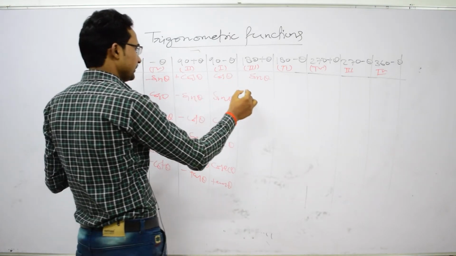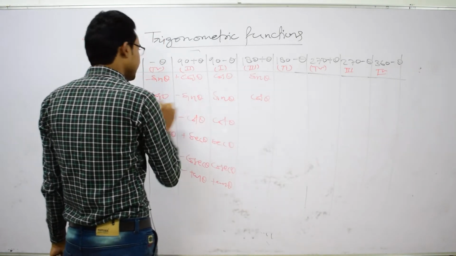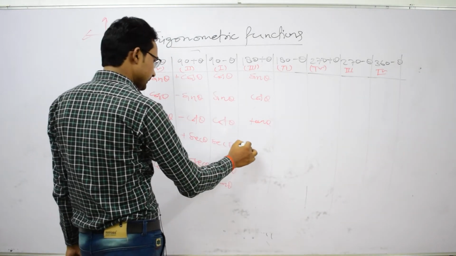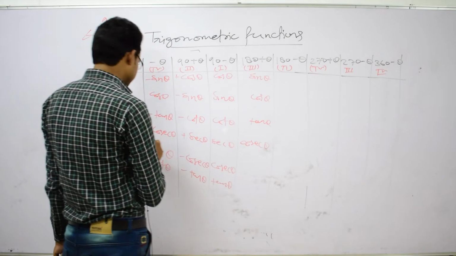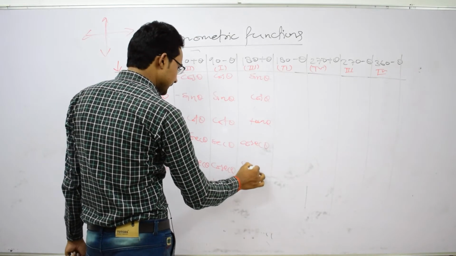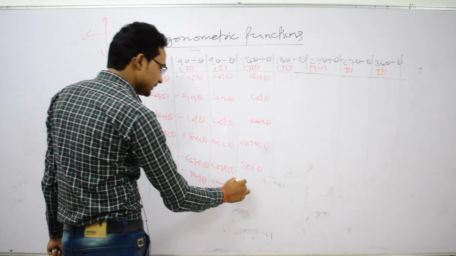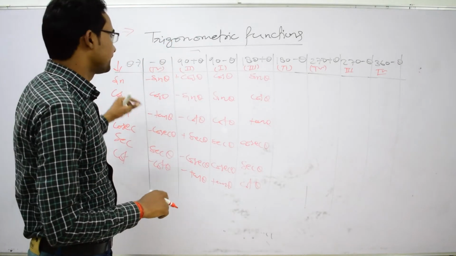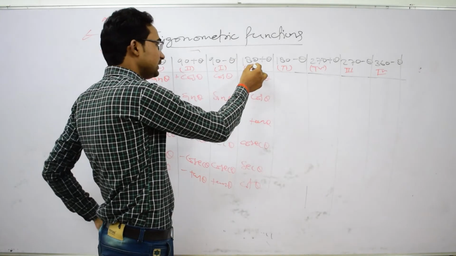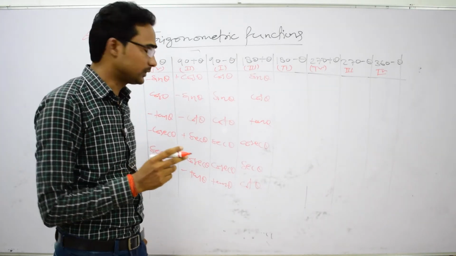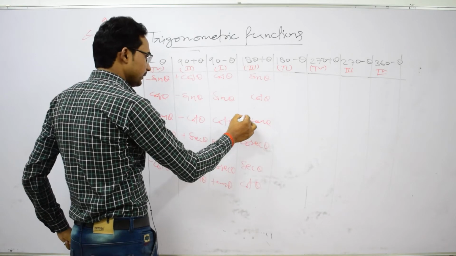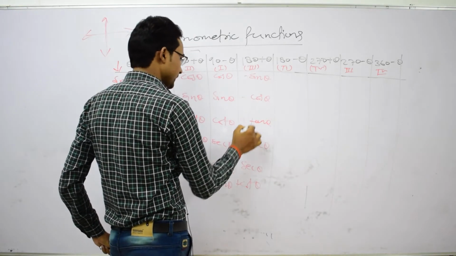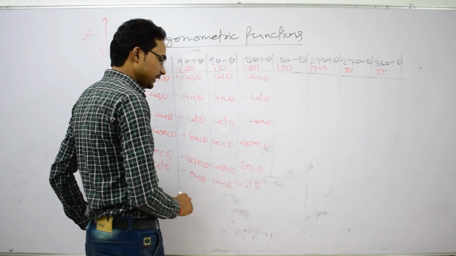Cos 180 plus theta means cos theta, tan 180 plus theta means tan theta, and cosec 180 plus theta means cosec theta, sec 180 plus theta means sec theta, and cot 180 plus theta means cot theta. So what will the signs be here? Look here, in the third quadrant tan is positive. So tan will have a plus sign, and cot also will have a plus sign, and the others will be negative. Sin will be negative, sec will be negative.